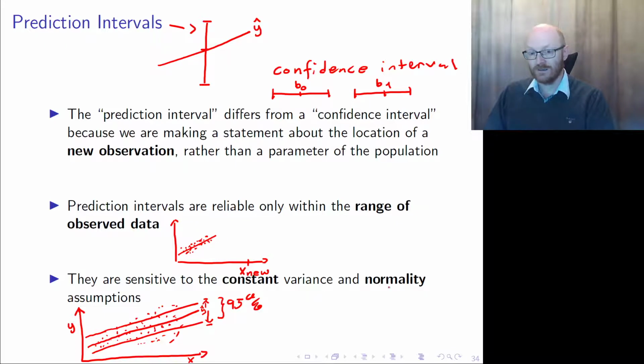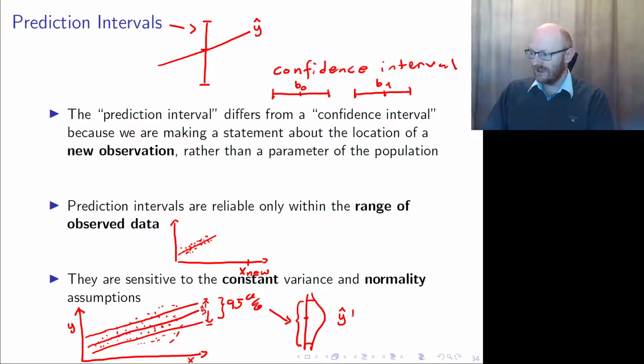And the normality assumption is quite important because you use the standard deviation of the residuals to say something about the probability, and the reason why you can say something about the probability of this distribution is only because it's normally distributed.